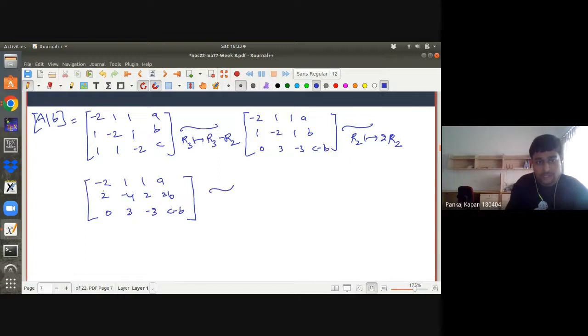Now you can see that we can add the first two rows and change the second row so that this entry will become 0. We are changing R2 to R2 plus R1.